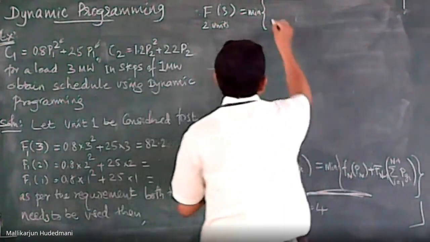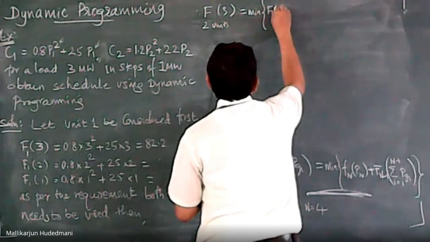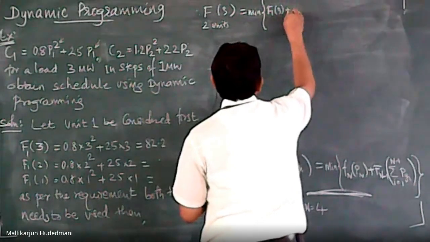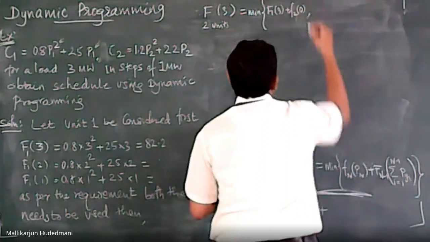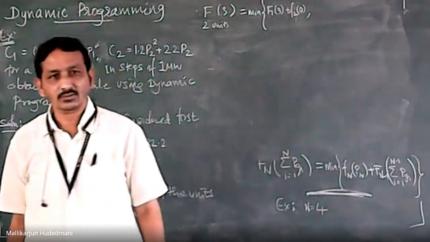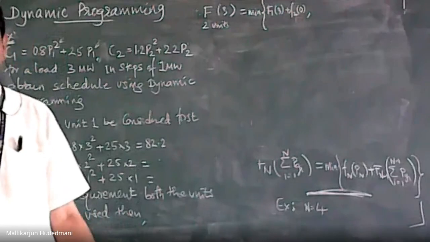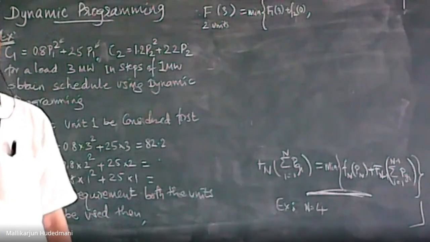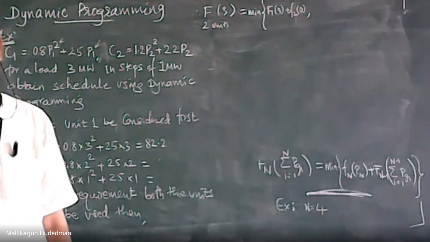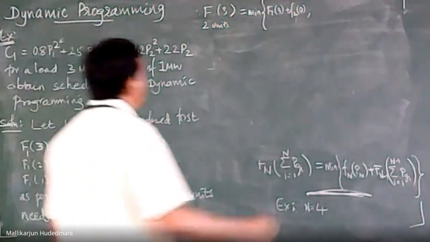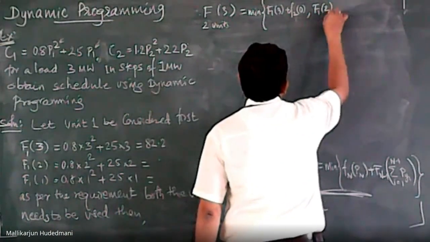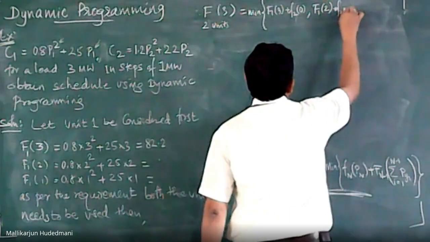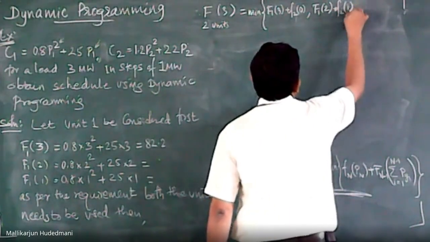Look into this. F1 let it be 3 megawatt plus F2 be 0 megawatt. This is the first combination. F1, which is my first choice, F1 be 3 megawatt plus F2 be 0, comma. The other is F1 be 2 megawatt plus F2 be 1 megawatt.